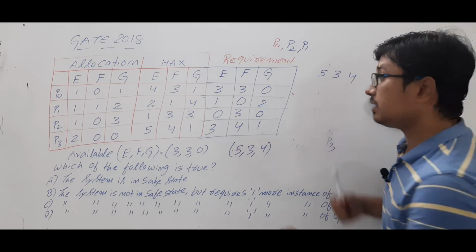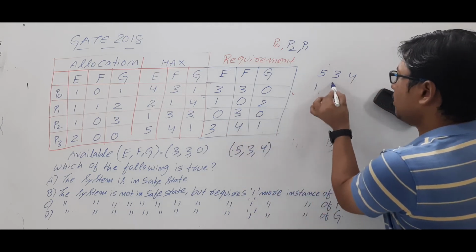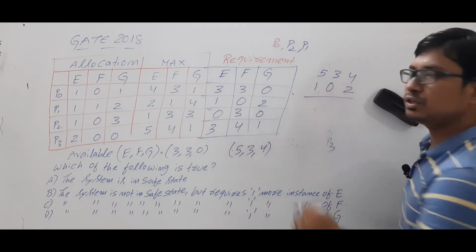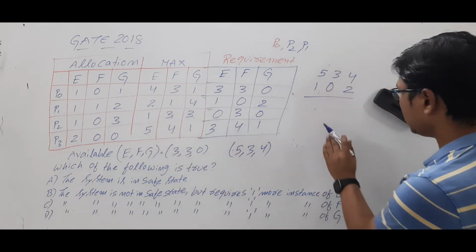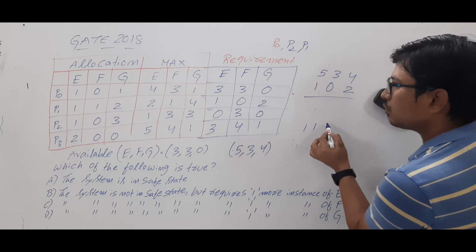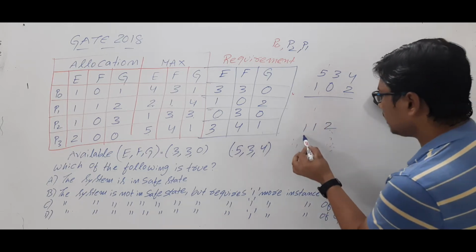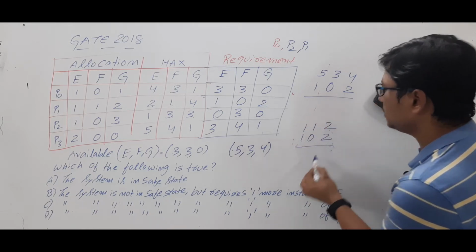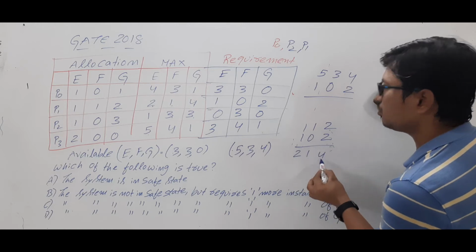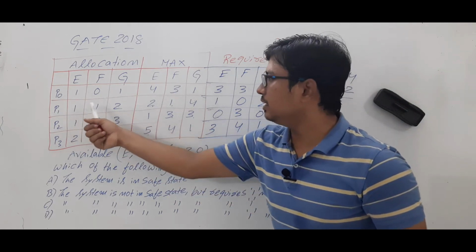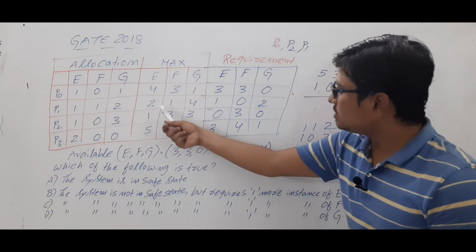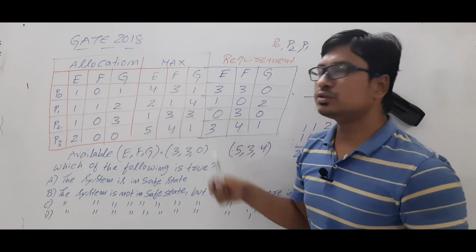Is it clear? Out of that, I have allocated 102 to the process P1. Currently the allocation is 112. If I allocate 102, it will become 214. So the allocation of the process P1 will be 214, and its max requirement is also 214.